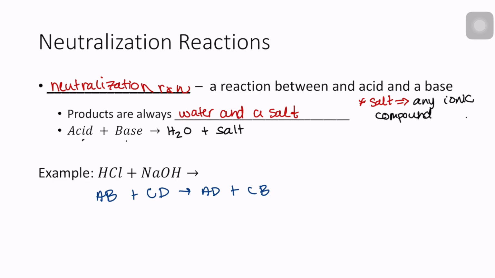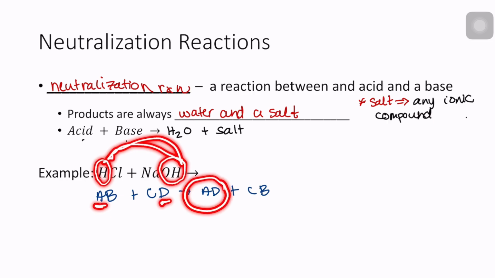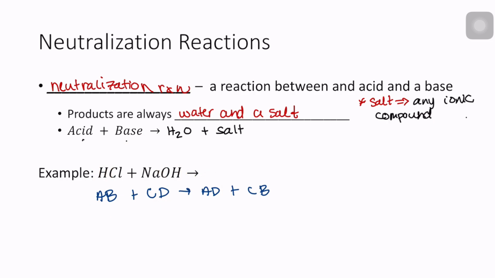But if I mix them together, you can see we have the hydrogen part of the hydrochloric acid and the hydroxide part of the sodium hydroxide. And those are also my A and D, and they will produce water. So when this reaction starts, we're going to get H2O.